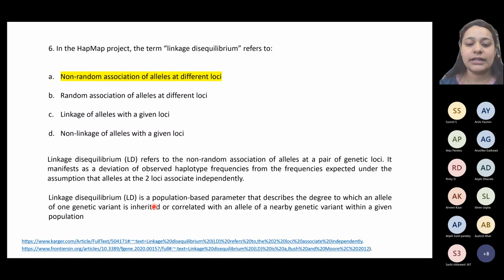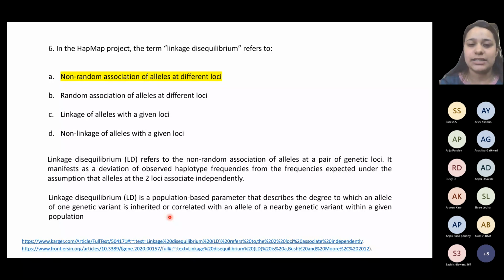It is also a population-based parameter that describes the degree to which an allele of one genetic variant is inherited or correlated with an allele of a nearby genetic variant within a population. Why do we need to study this term? Because when the Human Genome Project data came along, we also got to know about one term, which was linked genes.